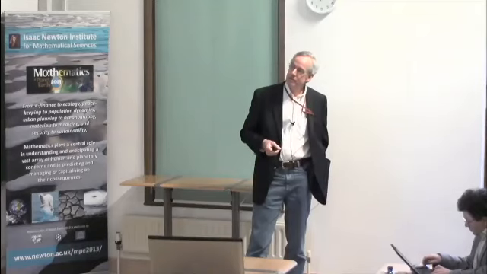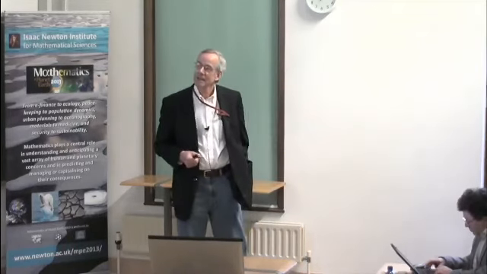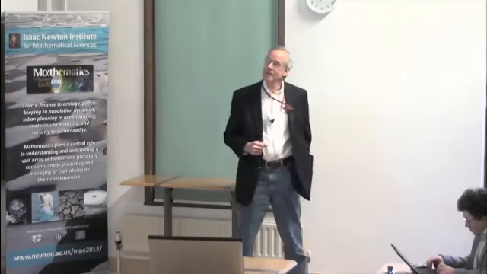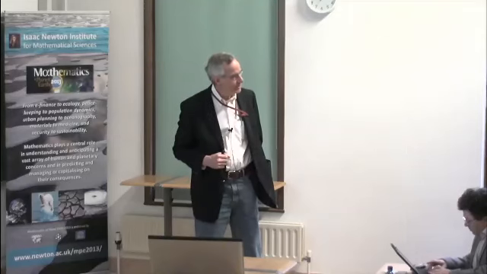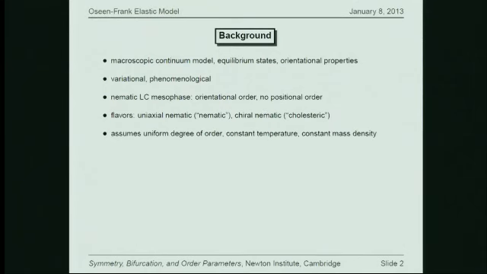And then there's a version of the model for a chiral nematic or a cholesteric, which differs slightly and has a ground state with an inherent tendency to twist rather than maintain a local parallel alignment.